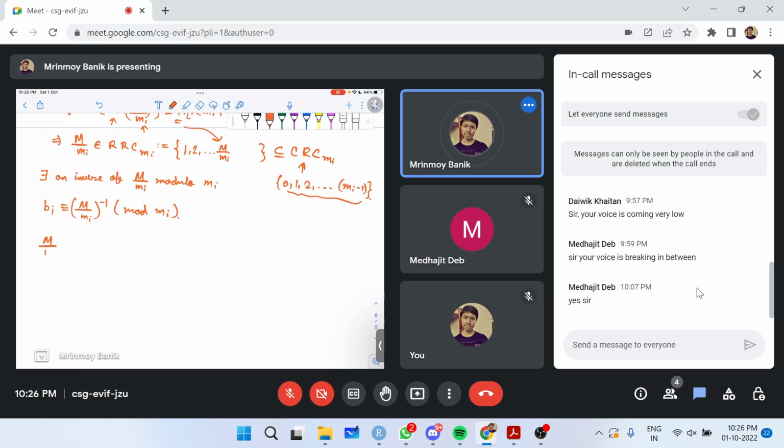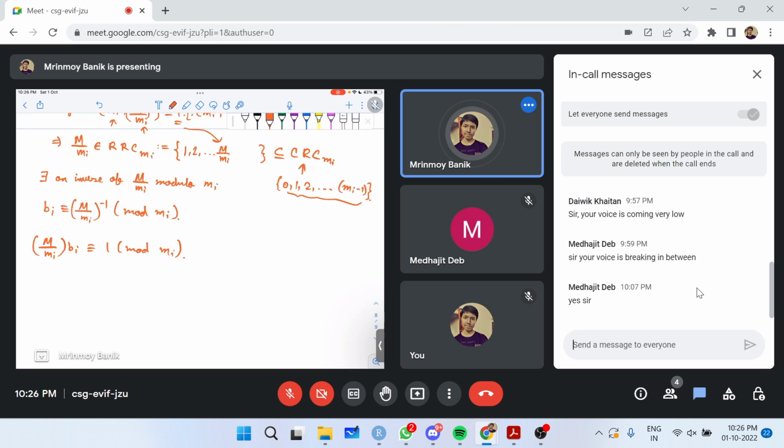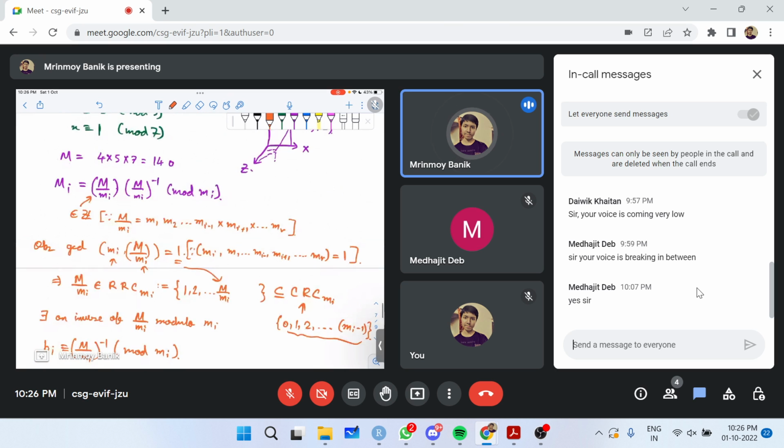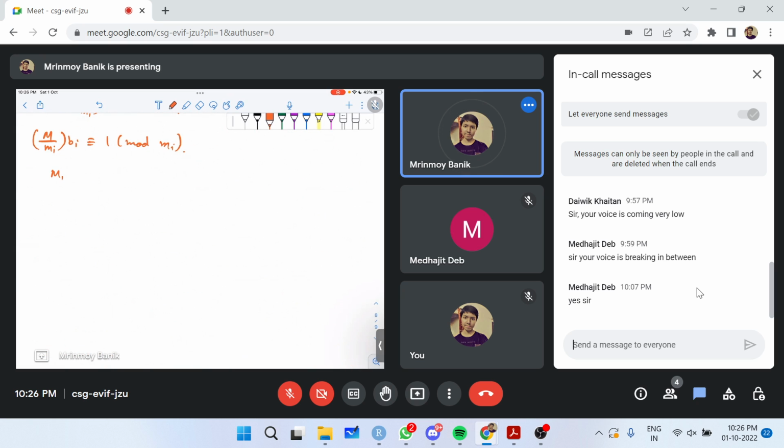That means (M by mi) times bi is 1 mod mi. That's the definition of inverse: you take the product, you get 1. And that means capital Mi, as we just defined it, is (M by mi) times bi, which is 1. So capital Mi is 1 mod mi.